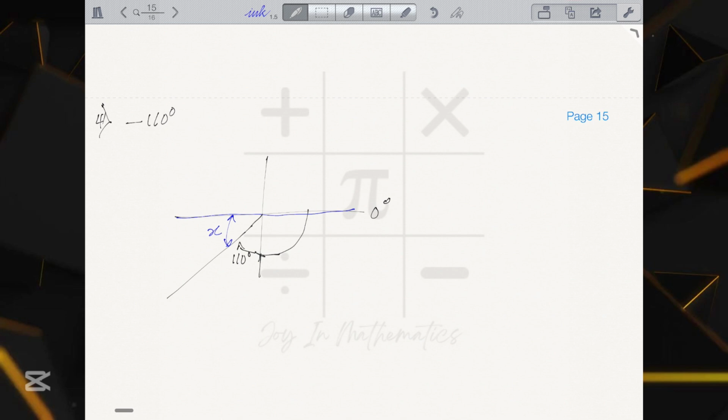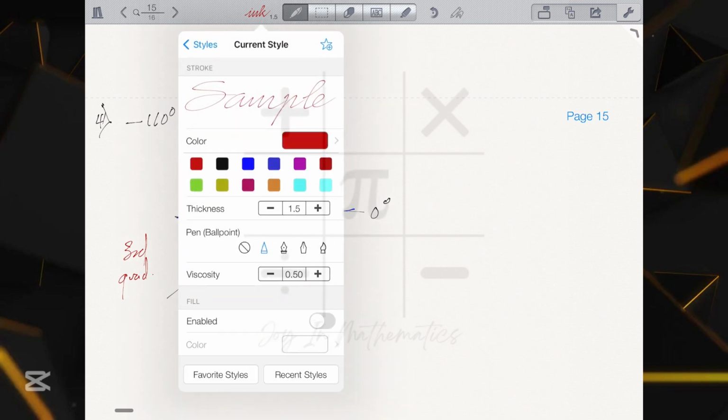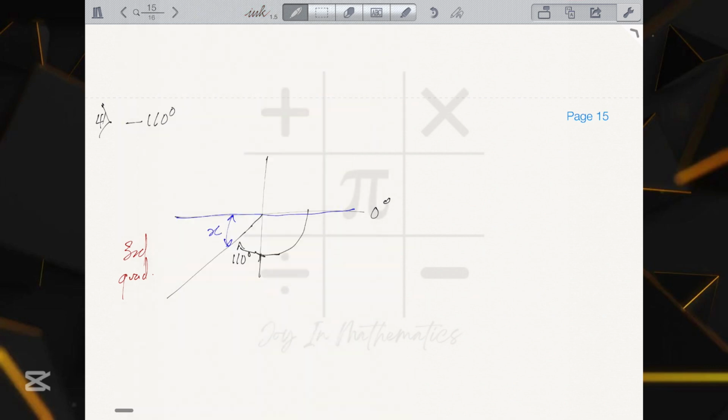Now this represents the third quadrant, and here we can see that the relative angle equivalent is simply x is equals to, because these two angles represent the sum of angles on a straight line.